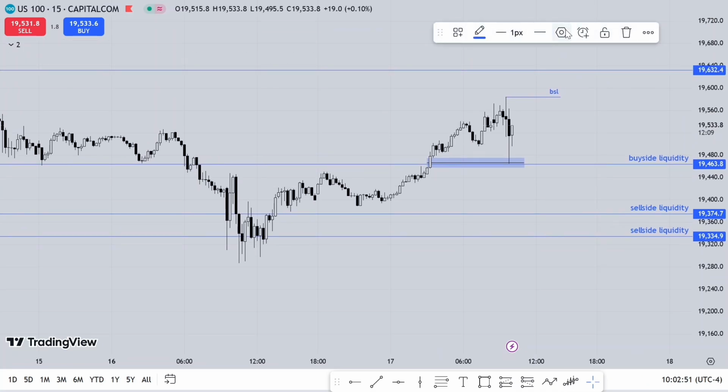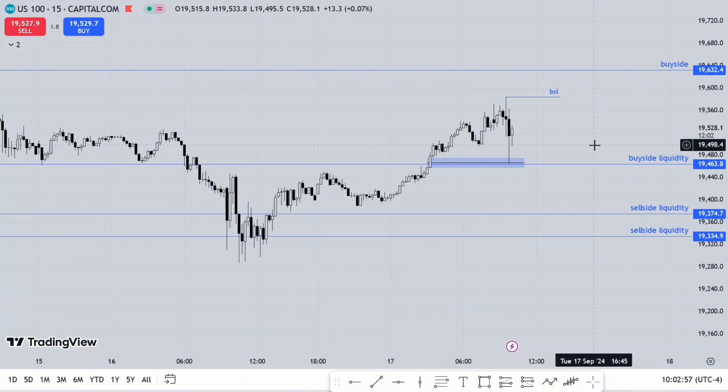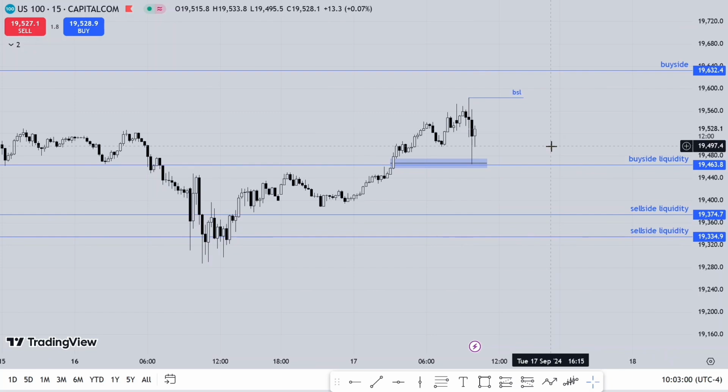So we'll be using the ES as a barometer. We'll be using the Nasdaq as a barometer for this price action because we are solely trading one asset class, which is the US 500. So the ES and the Nasdaq will be used as a barometer only.